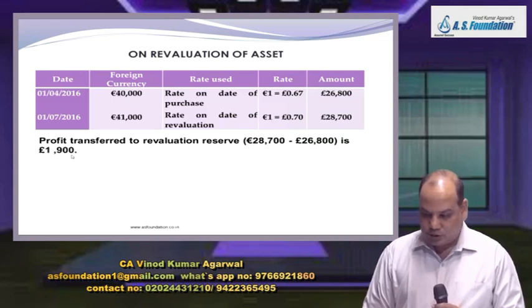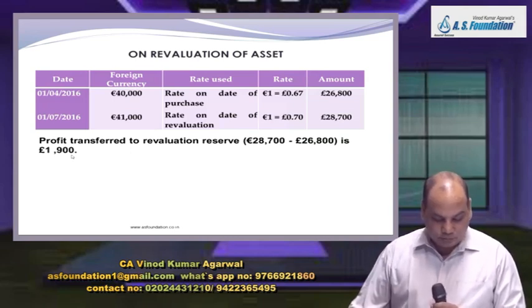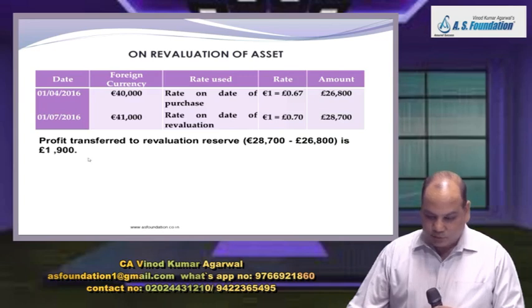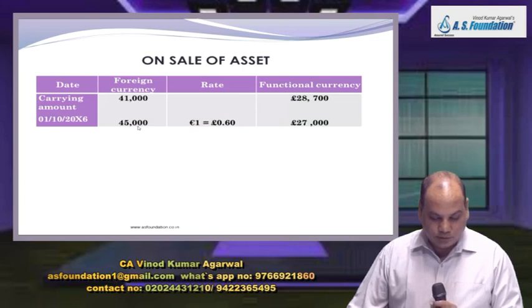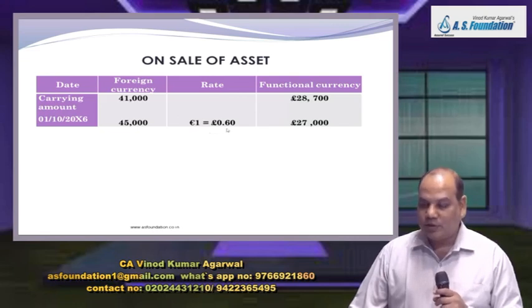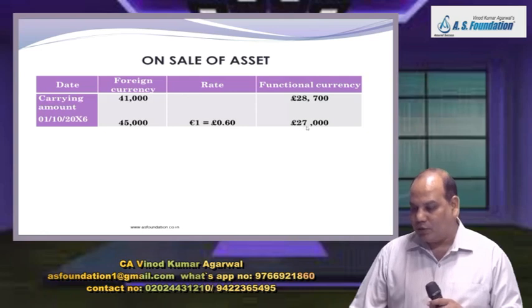Now come to the date of sale. Carrying amount is 41,000 in euro and 28,700 in pound. When you sold it for 45,000, at that date the rate has changed to 0.60 pound per euro and its pound value is 27,000.